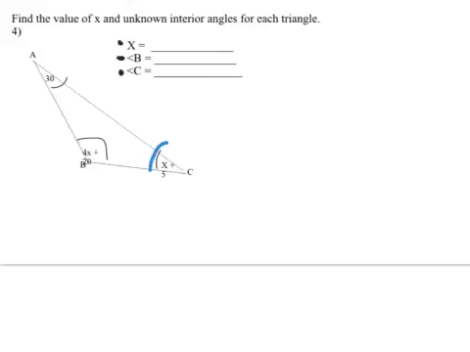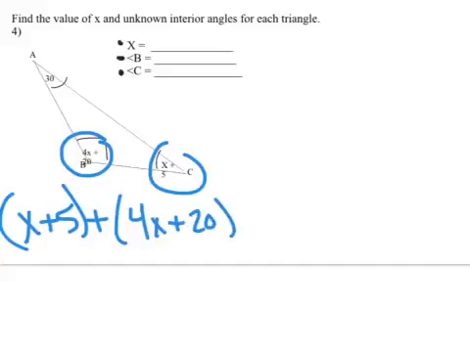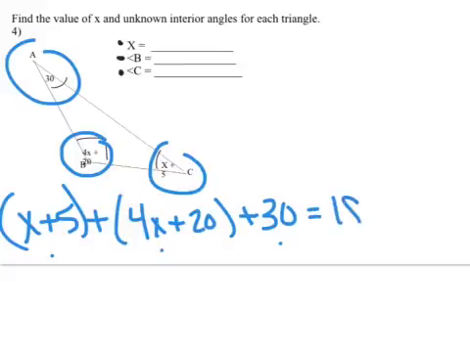Angle C is equal to x plus 5 degrees, and angle B is equal to 4x plus 20. And then angle A at the top is equal to 30 degrees, so we'll add that. Now we know if we add angle A, angle B, and angle C together, that's going to give us 180 degrees. So now we just have an equation that we need to solve.